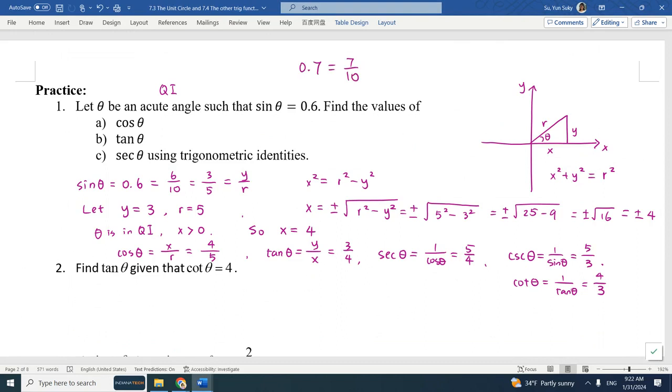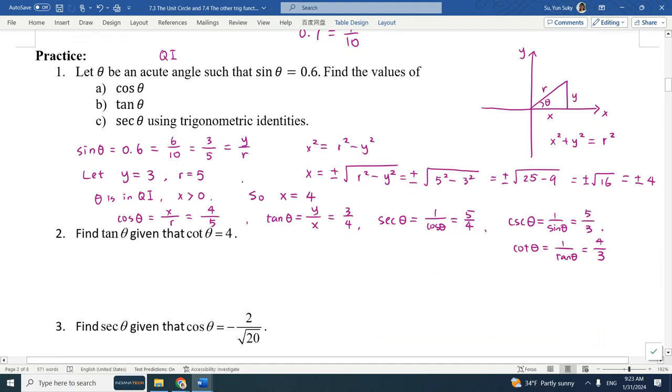And then you can look at this one. So if the problem gives you sine theta, then you have y over r. So if the problem gives you some other things, then you look at the ratio to set the different x or y or r. So that's the method. Everybody clear? Mm-hmm. All right.